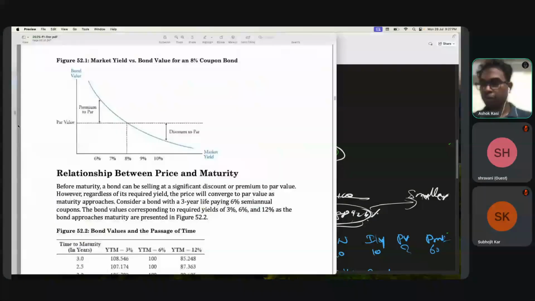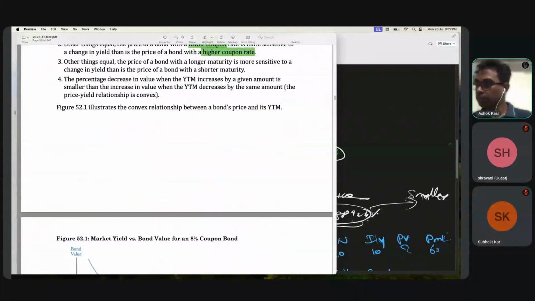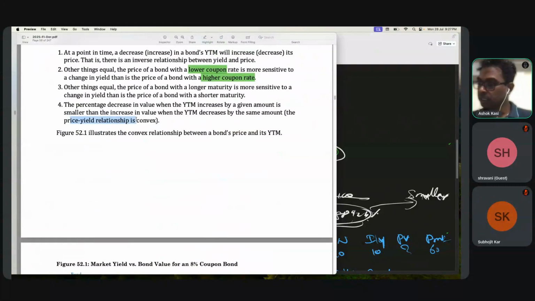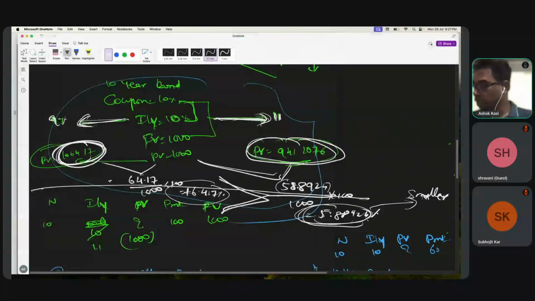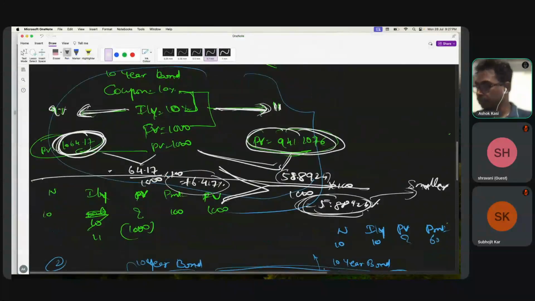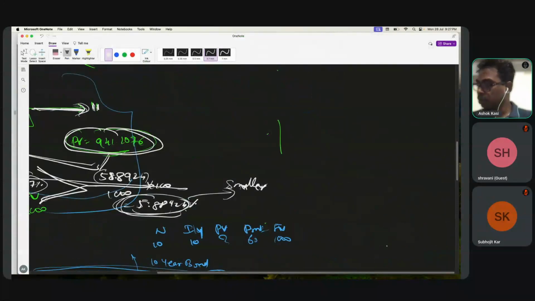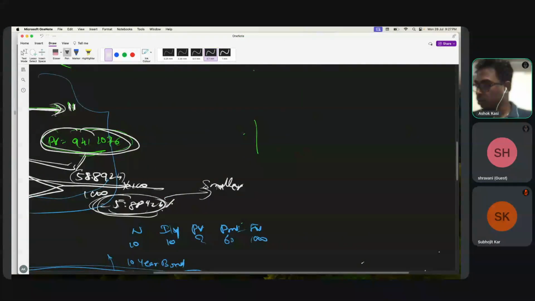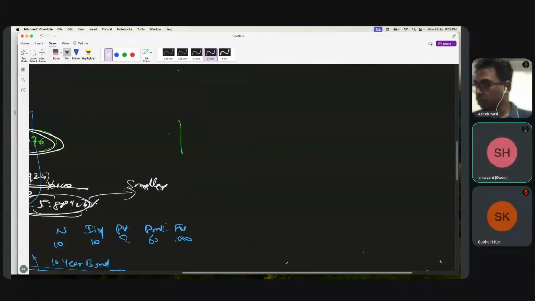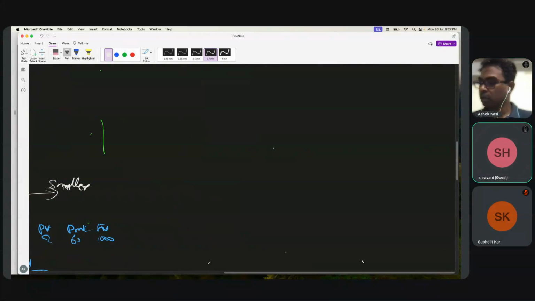There is one point mentioned here. The price yield relationship is convex. What does this mean now? Is it related to the convexity bias that we did in derivatives? Correct, that one only.